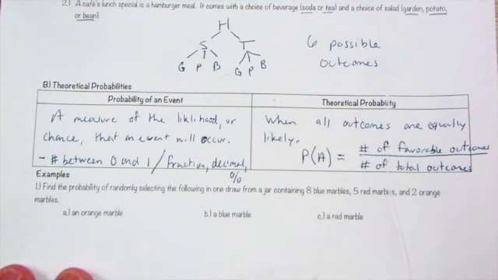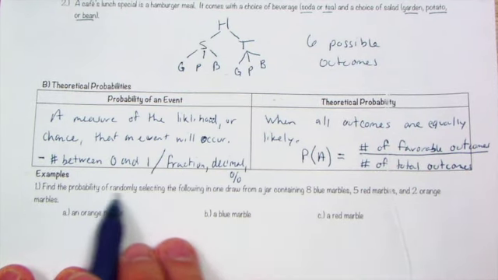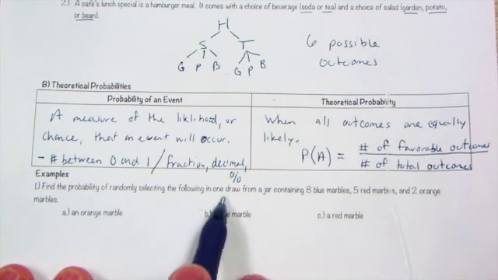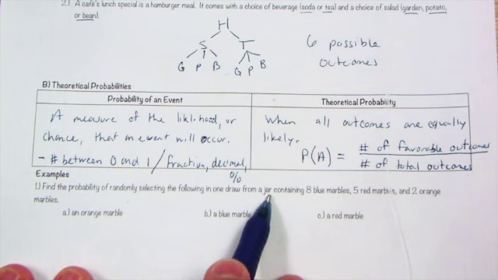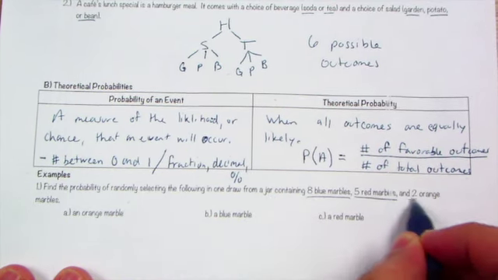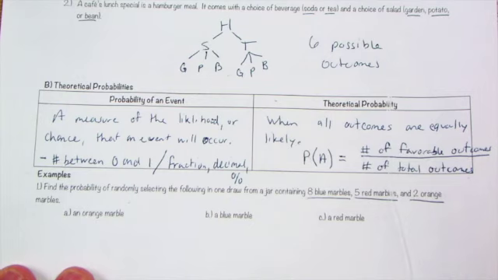So here's an example. The probability of randomly, keyword randomly, that's when we can use theoretical probability, selecting the following in one draw from a jar containing 8 blue marbles, 5 red marbles, and 2 orange marbles. The first thing you have to do is figure out what the total amount of outcomes is.